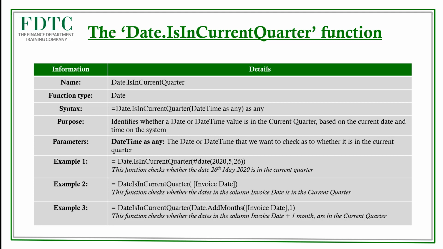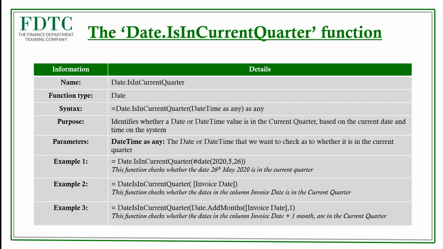The literal date here is the 26th of May 2020, which is the date of the recording, and therefore this function would return the logical type true. It would return true because the current quarter is Q2 2020 and the 26th of May 2020 is in Q2 2020. Bear in mind that PowerQuery assumes Q1 is January to March, Q2 is April to June, Q3 July to September, and Q4 is October to December.